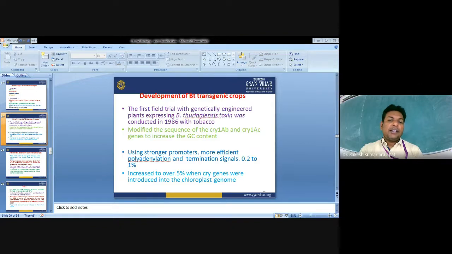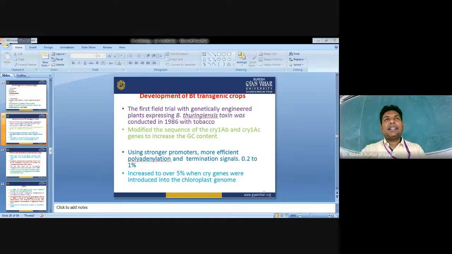When an insect feeds upon the plants, the proteins expressed in the leaf are also ingested by the insect. When the cry protein reaches the gut, it is partially degraded, not completely, and it releases a smaller and potentially toxic part of the protein. As we already discussed, when the protein is expressed it is a protoxin.